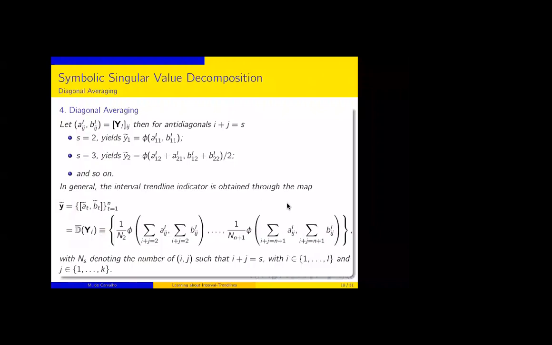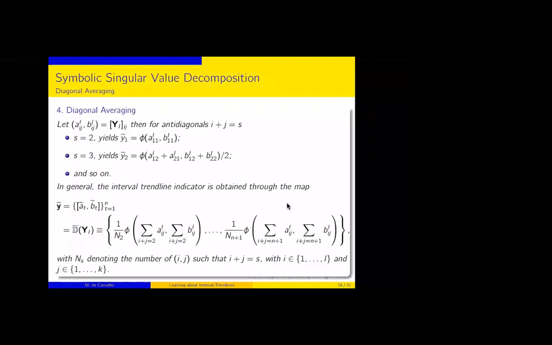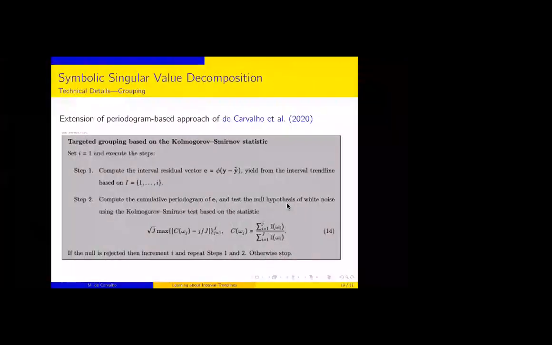Okay, right. So now I'll be very brief here, but I just want to give you some details, and then get back to the application. These are more details in terms of grouping. This is just using a Kolmogorov-Smirnov test based on the cumulative periodogram of the residuals.